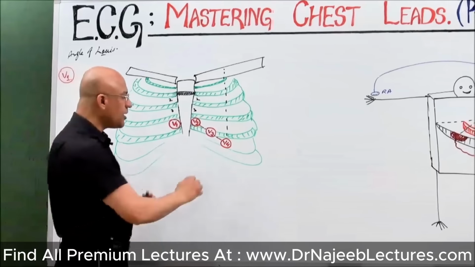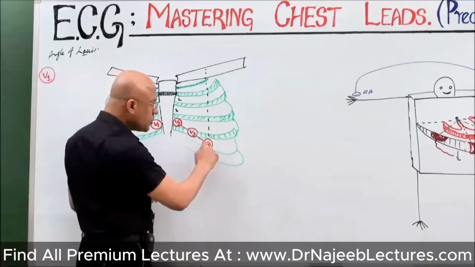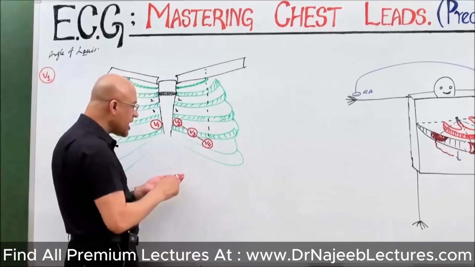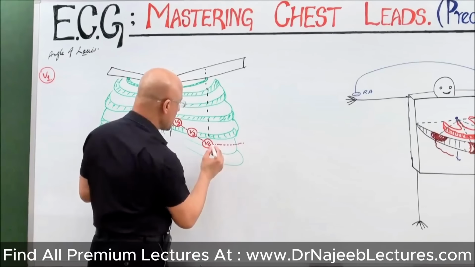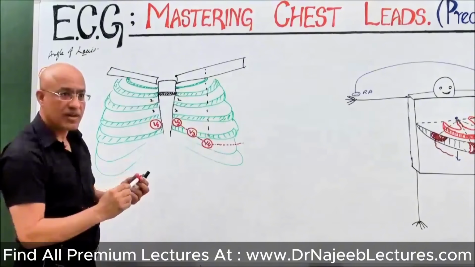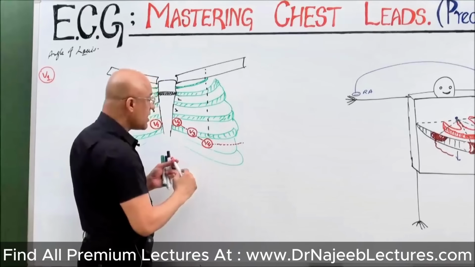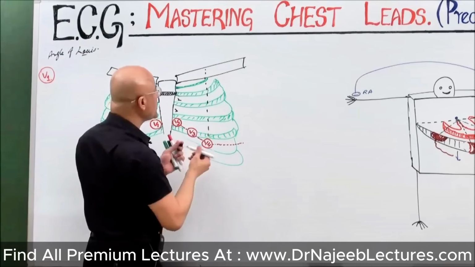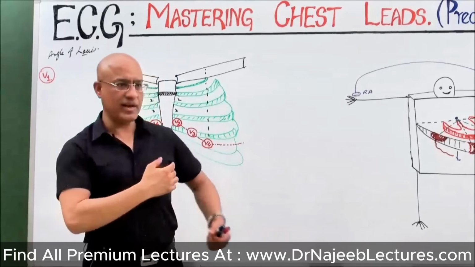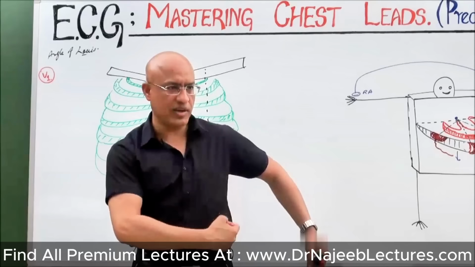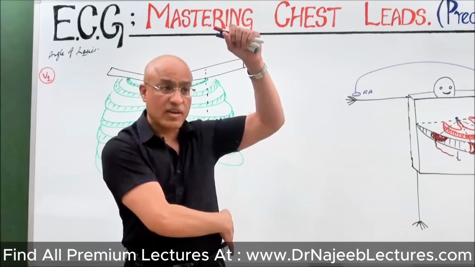Then you move it horizontally, laterally and backward. Laterally. If you move horizontally, laterally at the same level of V4, right? The same horizontal level, and you come to the anterior axillary line. What is this line? There's the axilla here, right? In my case, this is the anterior axillary line, and here it is the mid axillary line, and behind there is the posterior axillary line.